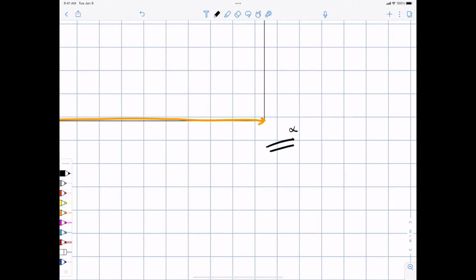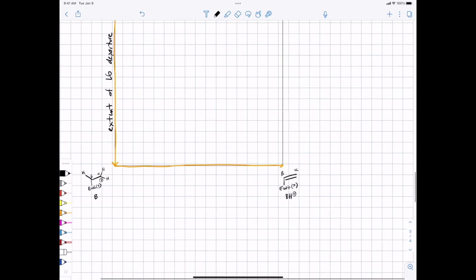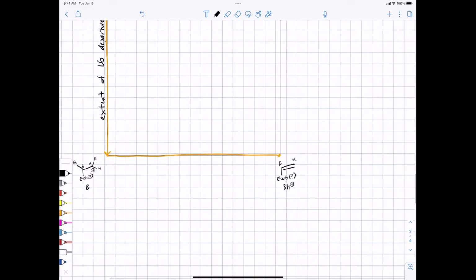This used to be our alpha carbon, this used to be our beta carbon. Again, we have maybe the presence of an electron withdrawing group, and we have the conjugate acid of our base. Okay, so the orange is the classic E1 pathway.